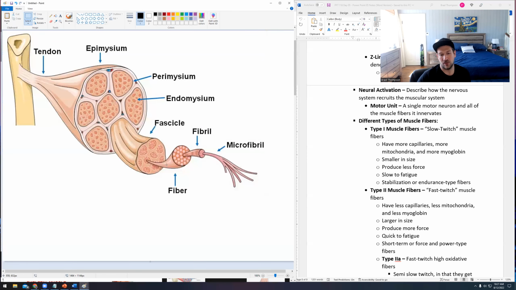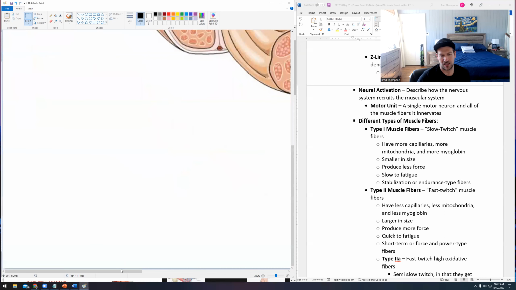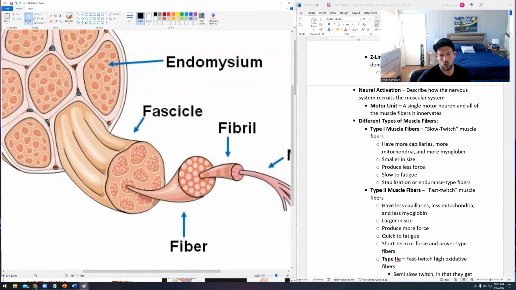So if you have an individual muscle fiber here, again, there are all kinds of muscle fibers in this fascicle. This is one of seven. So if you had a neuron, we'll draw a little neuron over here with its little spiky dendrites, and then we'll give it a big long tail.